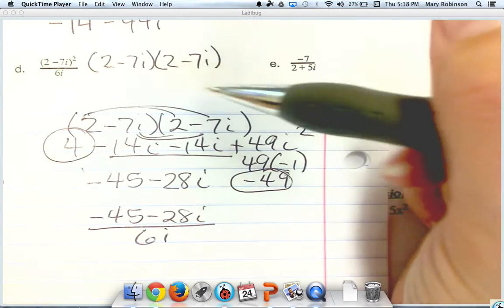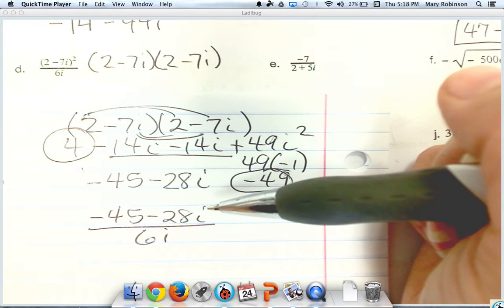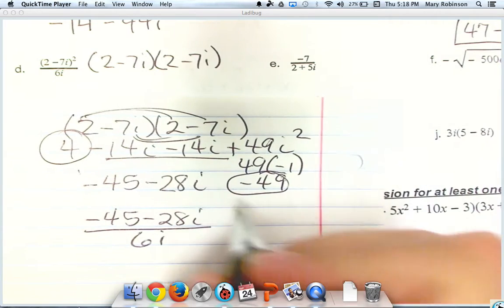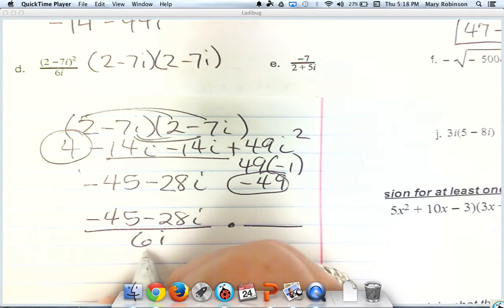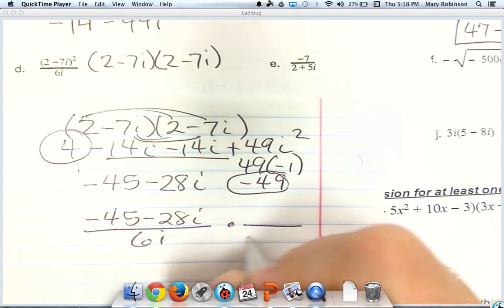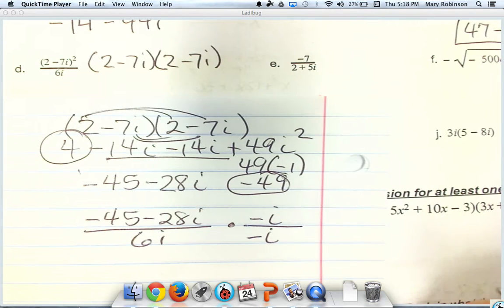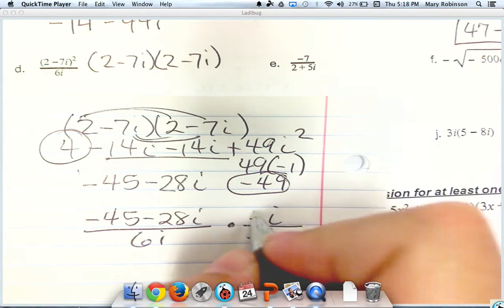Okay, so all I did so far was simplify the top, and we get negative 45 minus 28i. The 6i, I multiply by the conjugate. I can use negative 6i, or I can use negative i. I'm going to choose negative i, because if I do so, rather than use negative 6i, I won't have to reduce like I normally would.